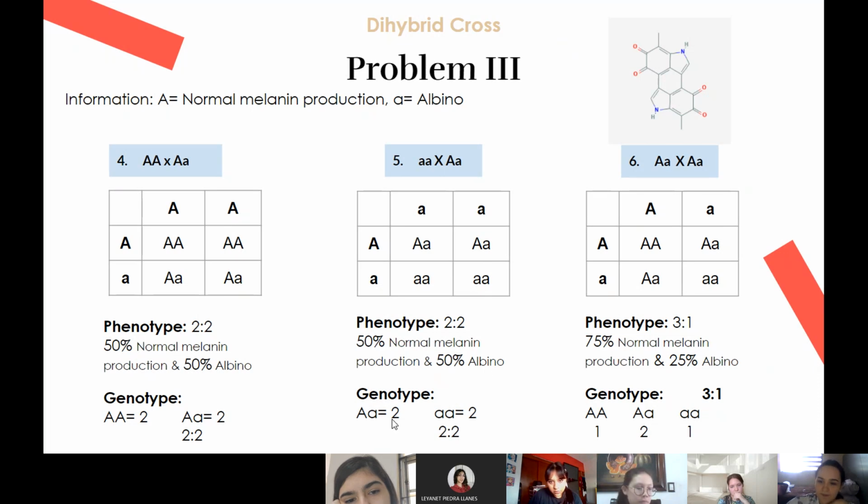The genotype was heterozygous 2 and homozygous recessive 2, and the ratio was 2 to 2. Finally, in this exercise, the phenotype is 3 to 1, with 75% normal melanin production and 25% albino, and this is the genotype.